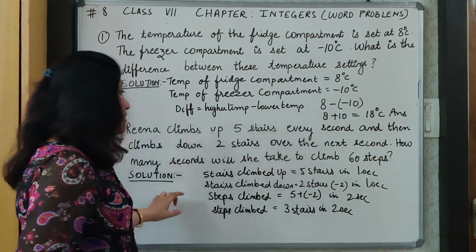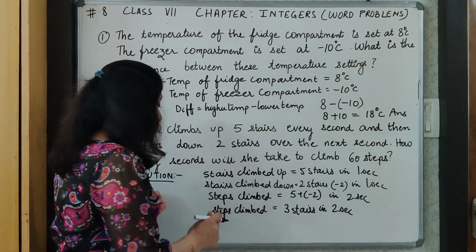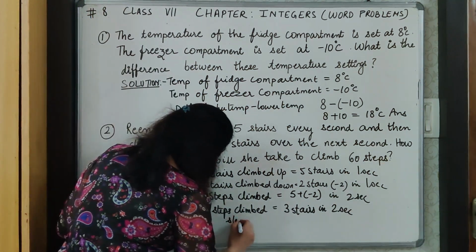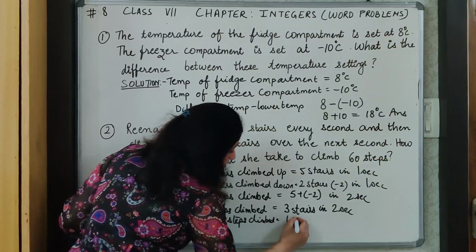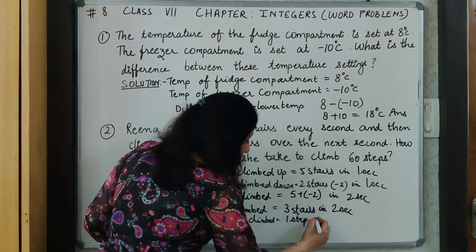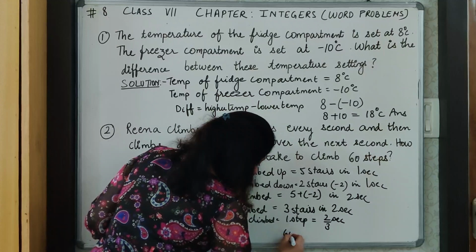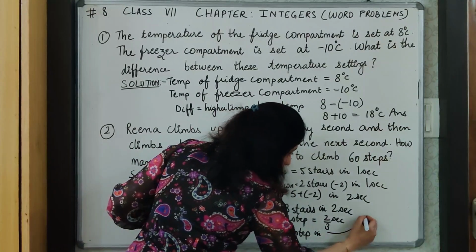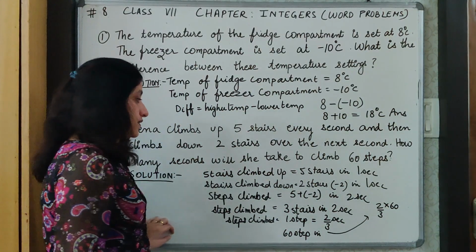And they have asked how many seconds will she take to climb 60 steps. We have calculated the time of 3 steps is 2 seconds. Now we will say steps climbed one step in how many seconds? Unitary method we will apply. First we will find for 1. So 1 step is equal to 2 upon 3 seconds. And 60 steps in 2 upon 3 into 60.